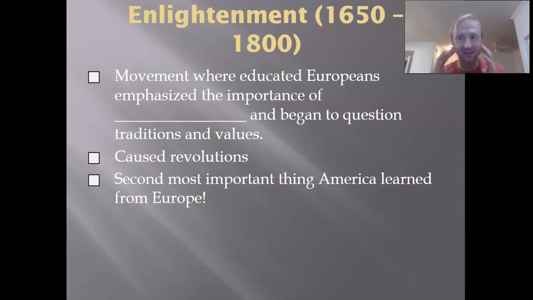So this is the second most important thing that America learns from Europe: free thinking, the idea of having freedom. It all comes from this valuing of education, having thoughts of your own, going out and testing those thoughts and making sure that they are true. This is extremely important. That's what this entire country is built upon. It's like, hey man, you do you. You get to do what you want.